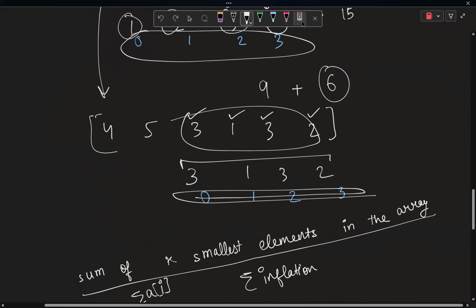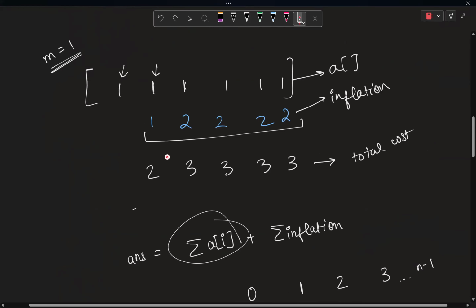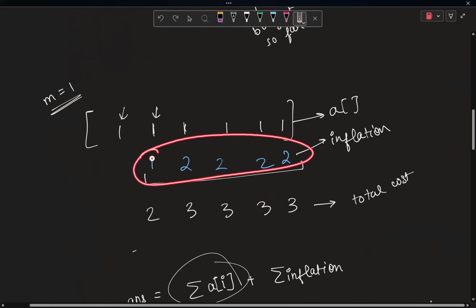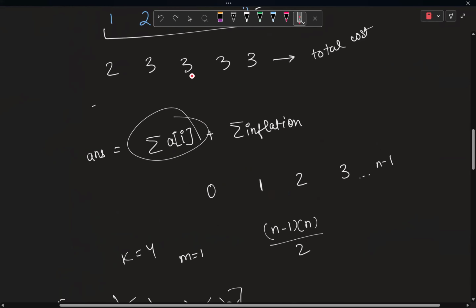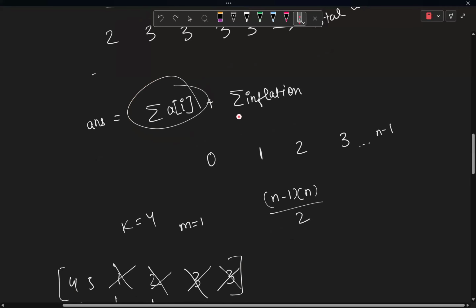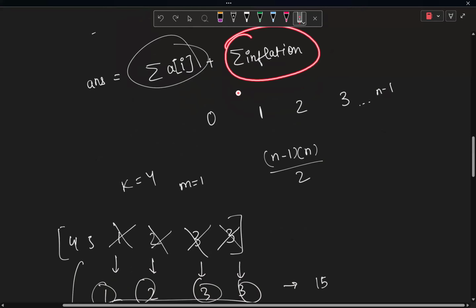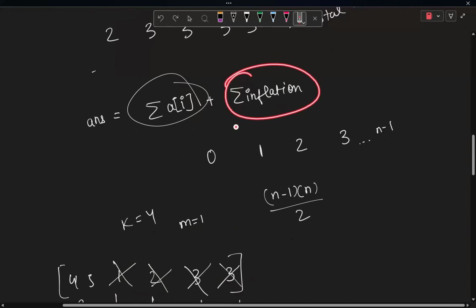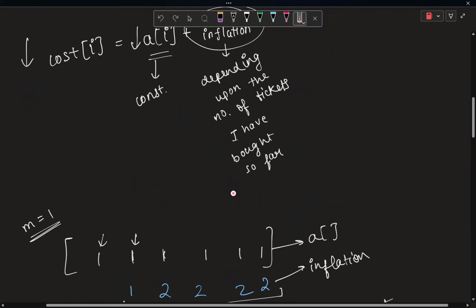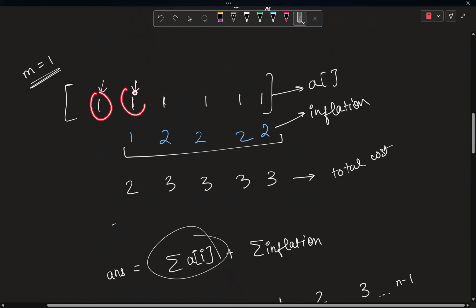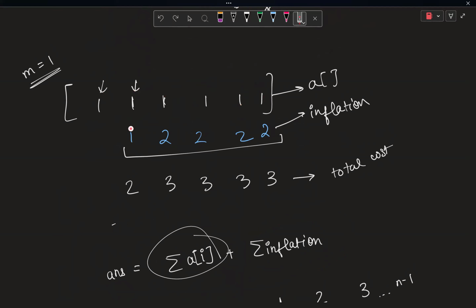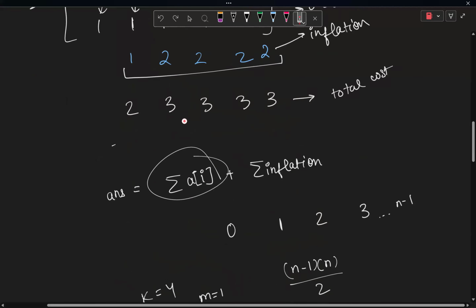But in a nutshell, you have already got an idea that the inflation part is something I can calculate separately, and this AI part is something I can calculate separately. This inflation part, if k was equal to 1, in fact, has no dependency upon this I. It does not really depend on which day you bought. This blue marker will have its contribution exactly the same, in the exact same way.